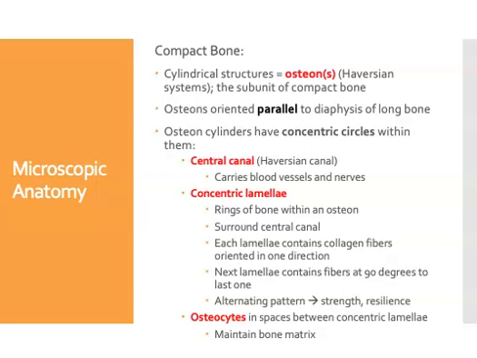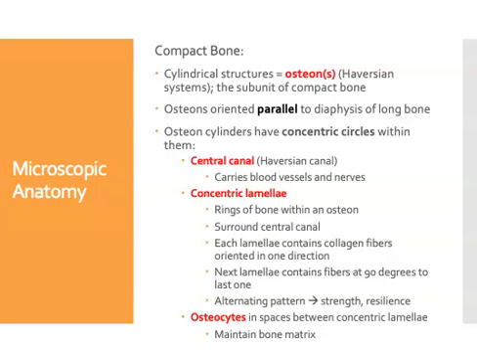It's this central canal in an osteon that carries the blood vessels and the nerves in that area of the bone. Now, around the central canal, there'll be rings of bone, and those are referred to as concentric lamellae. That word lamella just means layer. So concentric layers of bone around the central canal.